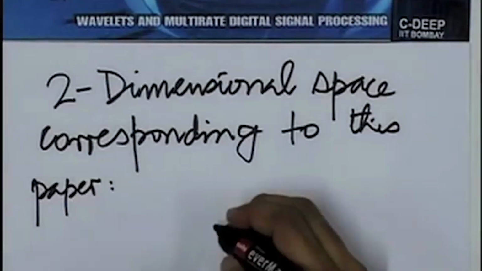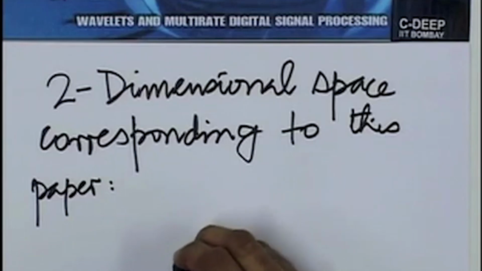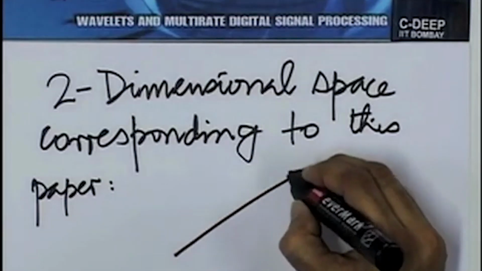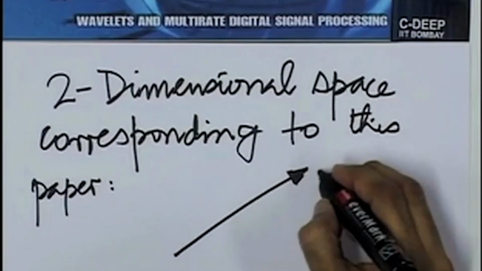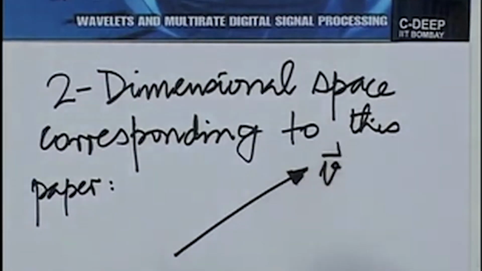Well, let us take any vector on this two-dimensional space. So, let this vector be V, I am marking it as V. There are many different ways to characterize this vector.